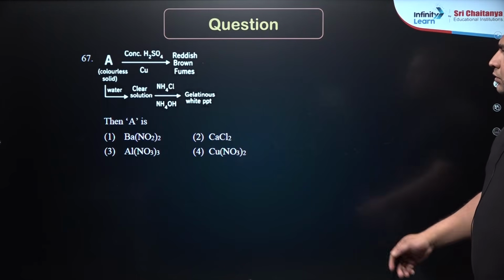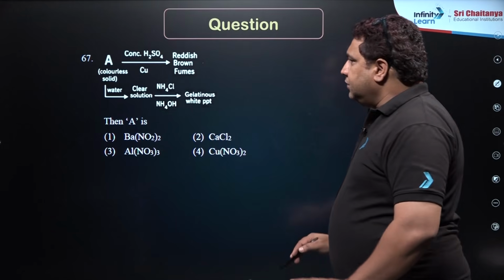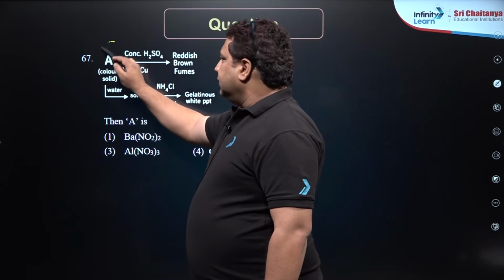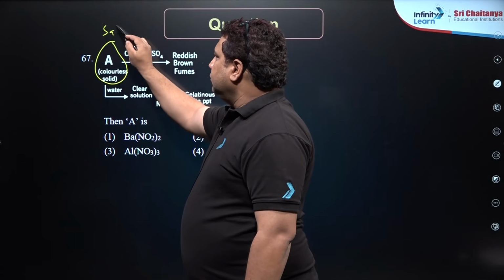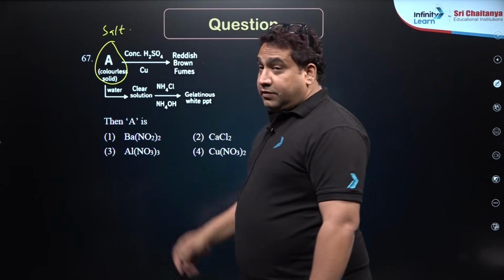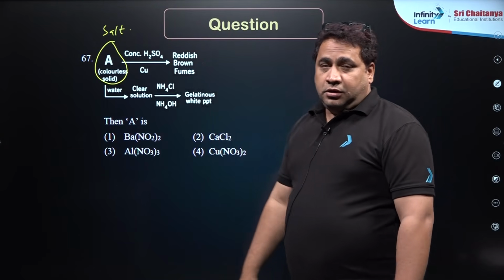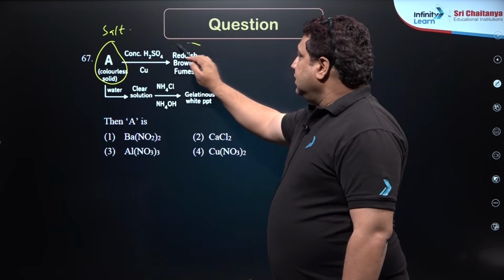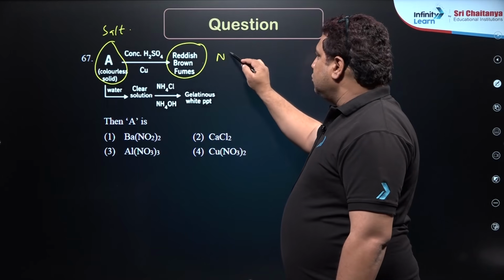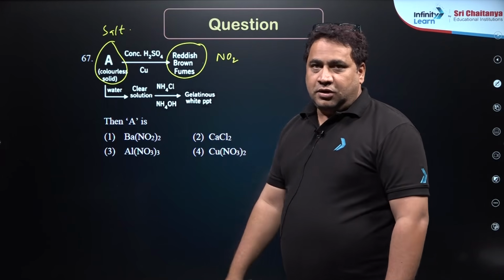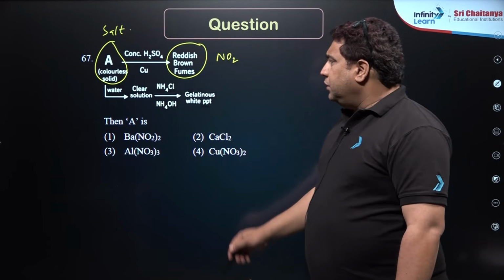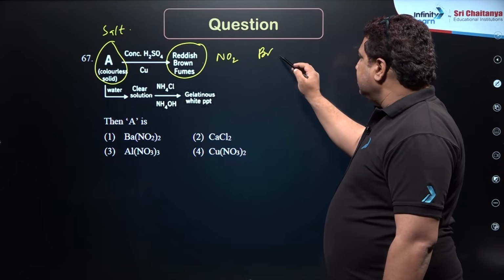Next, very easy question. A colorless solid, that means this is a salt. On heating with sulfuric acid and copper or manganese dioxide it releases reddish brown fumes. So mostly it should be nitrogen dioxide. It can also be bromide, chances are there.